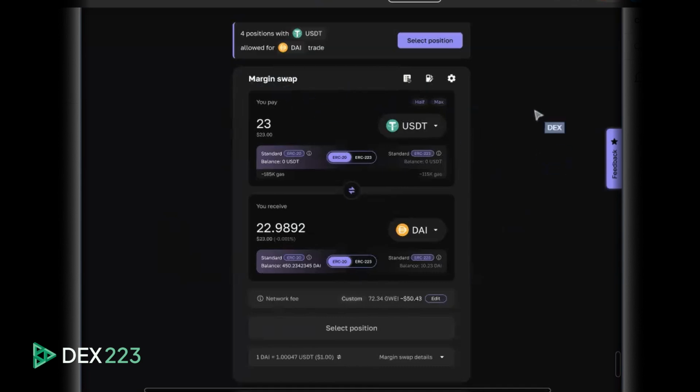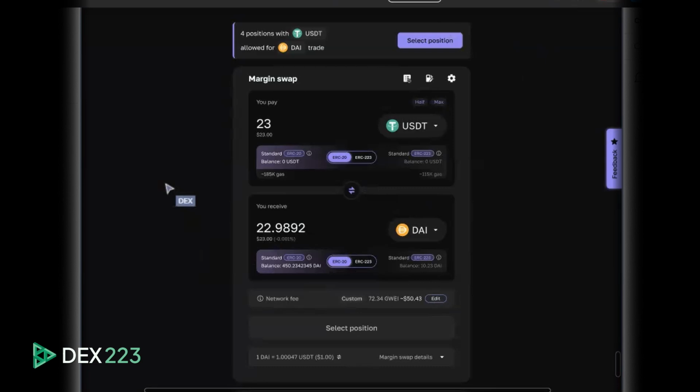So you will be able to access this menu even if you don't have any active positions, but you need to clearly understand where you currently are in order to avoid situations where users don't understand where these assets go, to the balance of their wallet or to the margin trading smart contract. And that's why we decided to develop it in a separate page. Initially, we had the same features implemented in the normal swap, but we decided to make a separate page, make it look different from the main one. And here you can see the results.